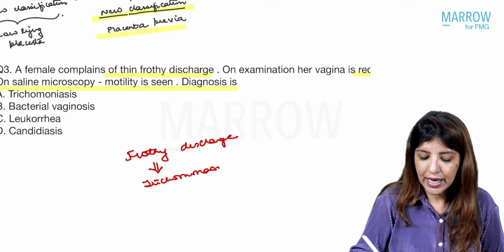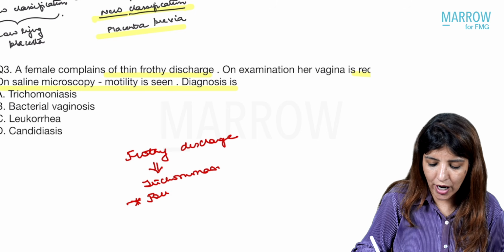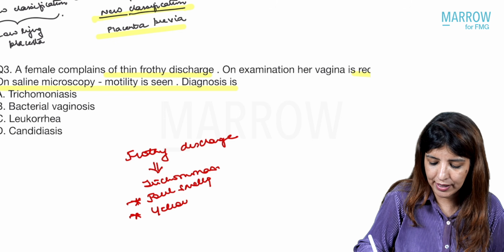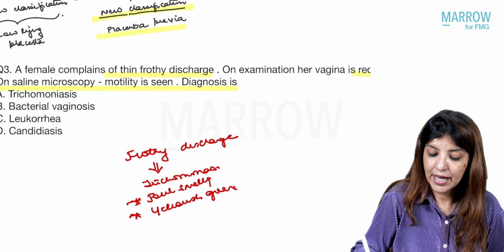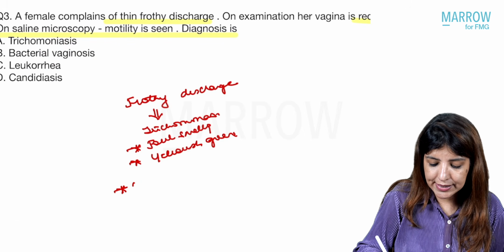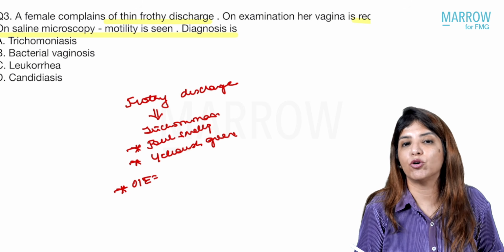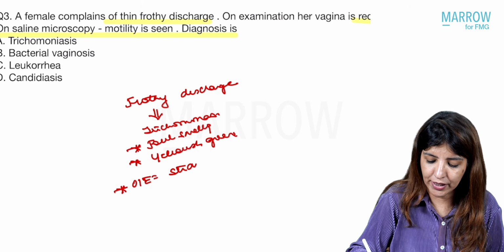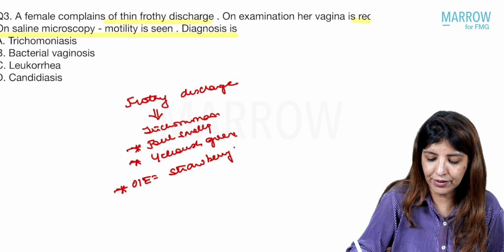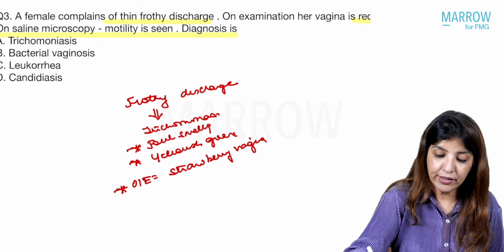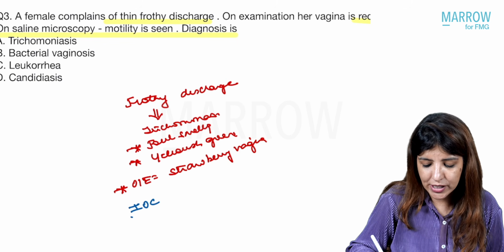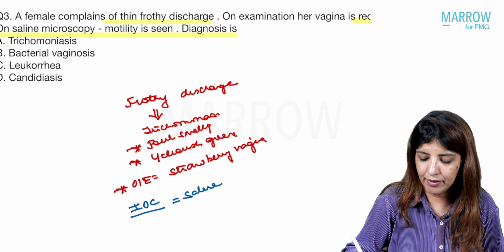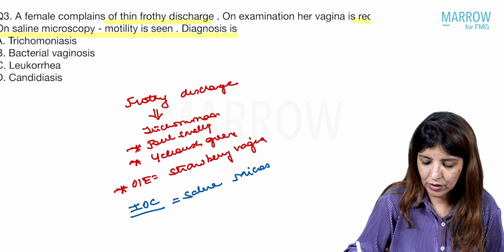trichomonas, right? In trichomonas, the discharge will be foul smelling. It will be yellowish green in color, right? Number 2, on examination, in case of trichomonas, you get a red vagina, that is strawberry vagina or angry looking vagina. Then all of you know that the investigation of choice in vaginitis is saline microscopy, right?